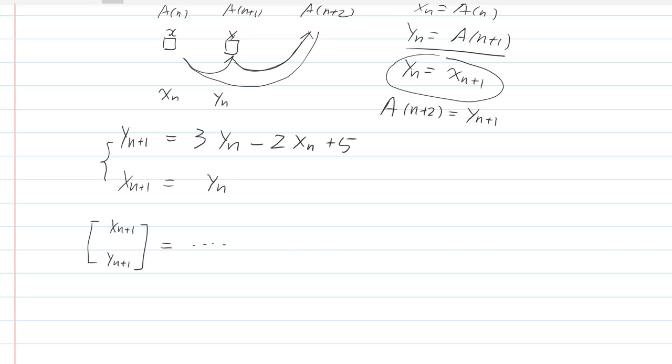We switch the order of x and y, so we have the natural order. Then if you look at it, the matrix coefficients we're going to have over here are 0, 1. That's because we have y_n over here. And then you switch the order, then we have negative 2 and 3. And here we have x_n and y_n. Okay. And then we have from here 0, 5. This is a matrix form.